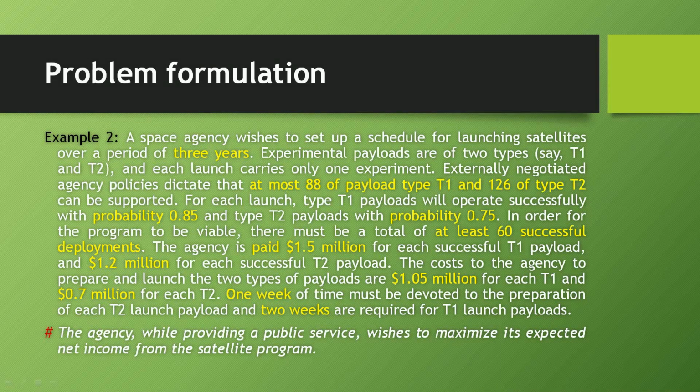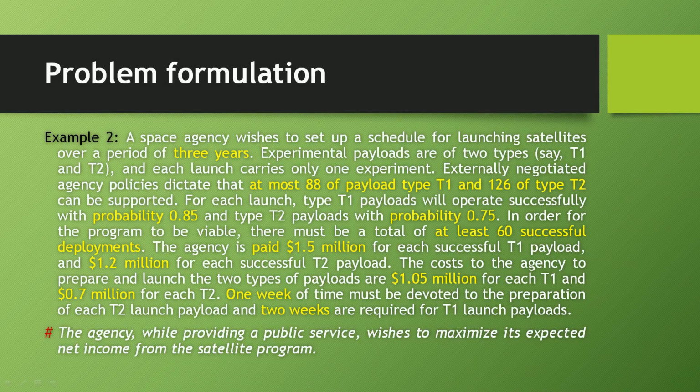So the experimental analyses are of two types, say T1 and T2, and each launch carries one experiment. Externally negotiated agency policies dictate that at most 88 of payload type T1 and 126 of type T2 can be supported.